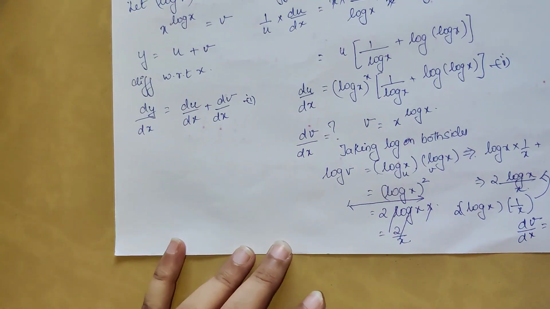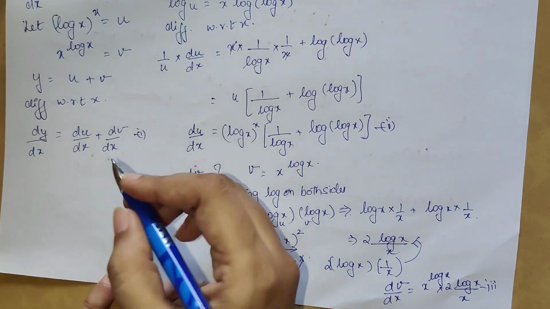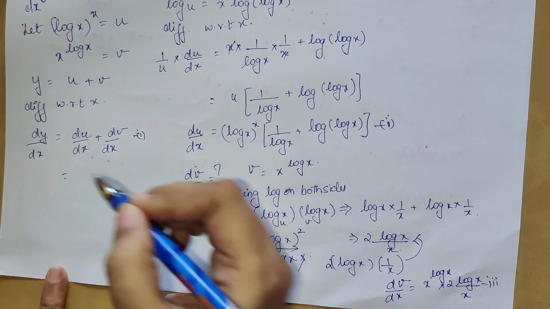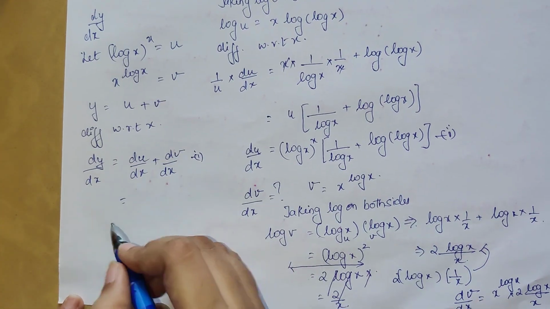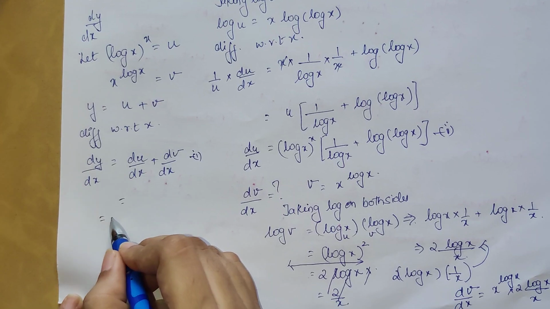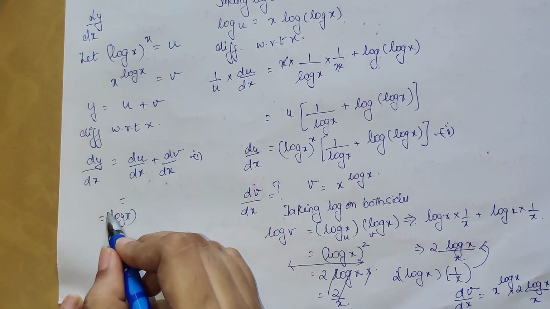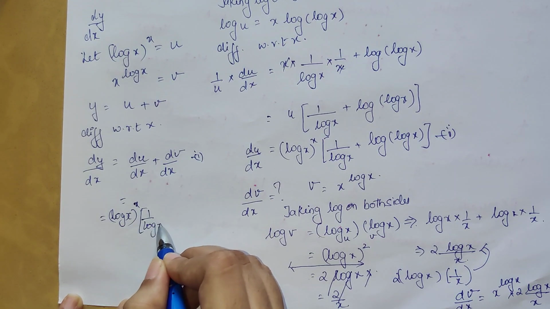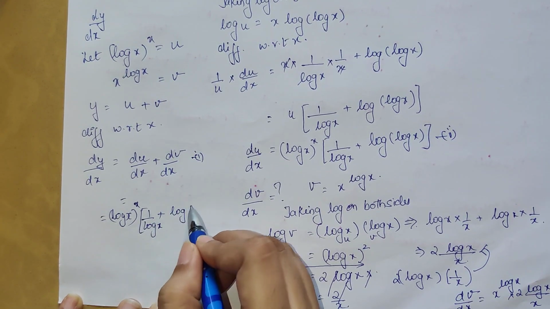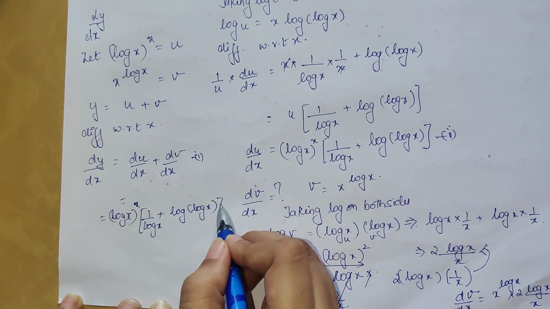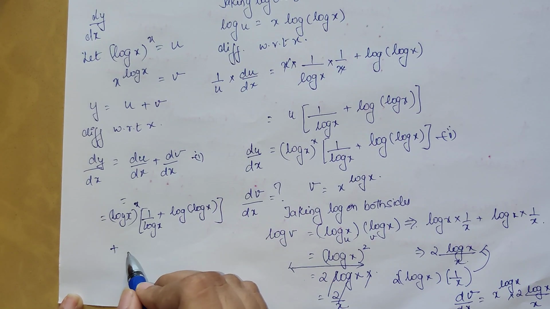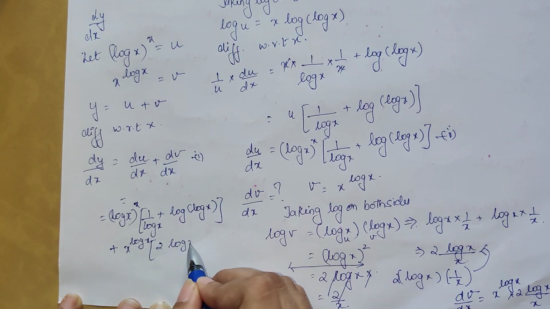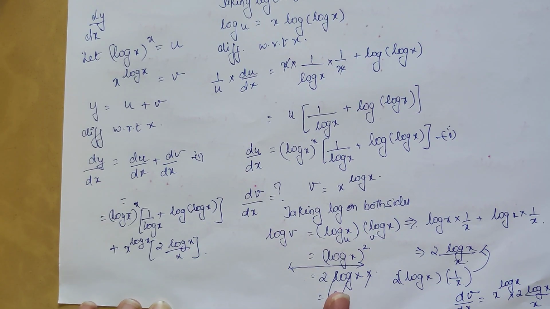So substituting 2 and 3 in 1, we get dy by dx as nothing but (log x) raised to x, multiplied by 1 upon log x plus log of log x, plus x raised to log x into 2 log x upon x. That is your final answer.